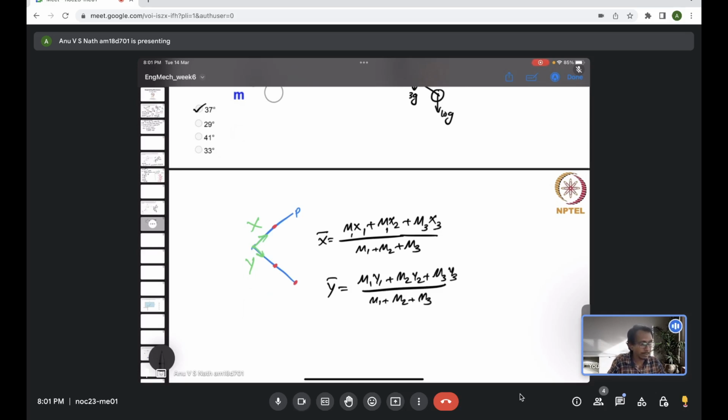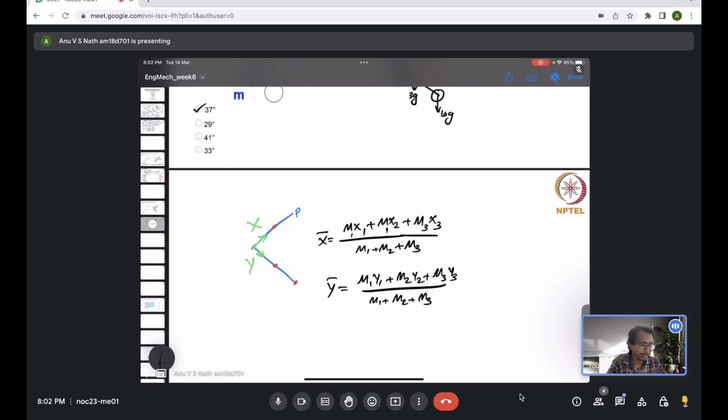Basically x1 is the center of mass location of the first body, x2 of the second body, similarly x3 of the third body. X bar is the center of mass of the system of all the masses in the x direction, measuring x1, x2 and x3 from the same origin of the coordinate system you choose.